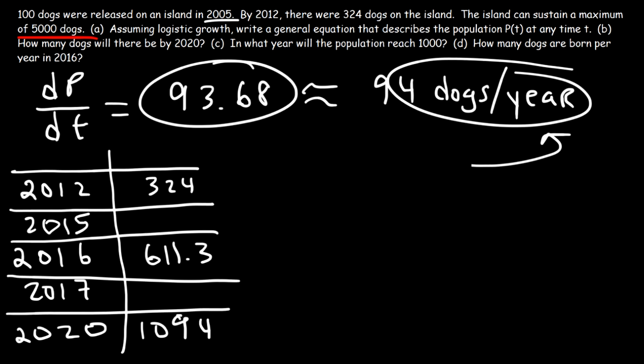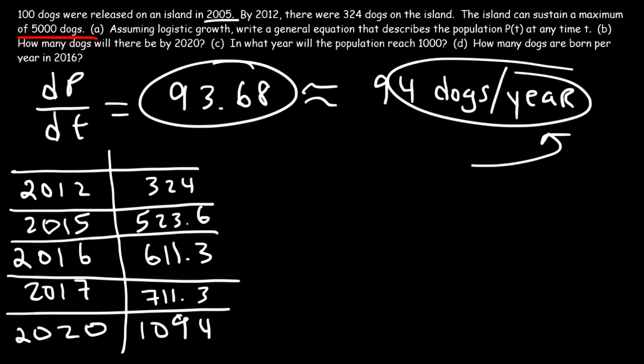Now if you plug in 2015, or t equals 10, into the population equation that we got earlier, you're going to get 523.6. And if you plug in t equals 12 for the year 2017, you're going to get 711.3.